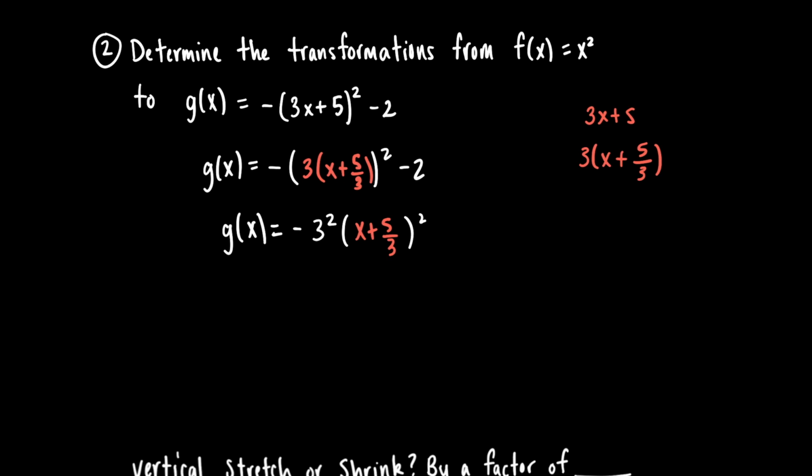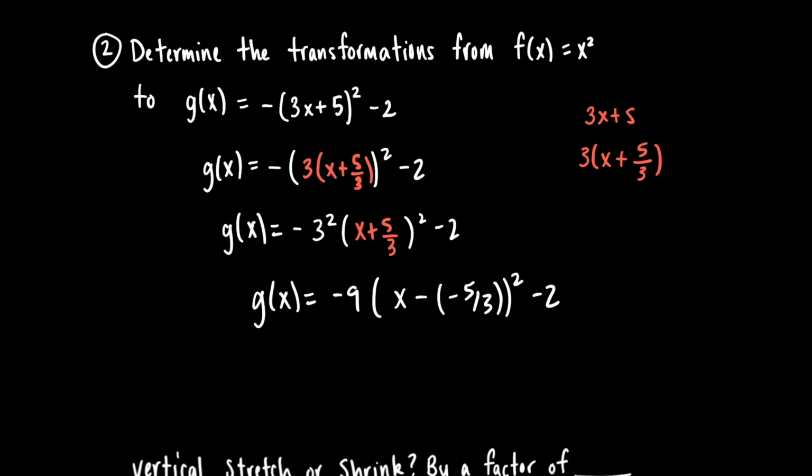So this will be minus 2 there. And so g of x here is going to be negative 9 times x minus negative 5/3, squared, minus 2.